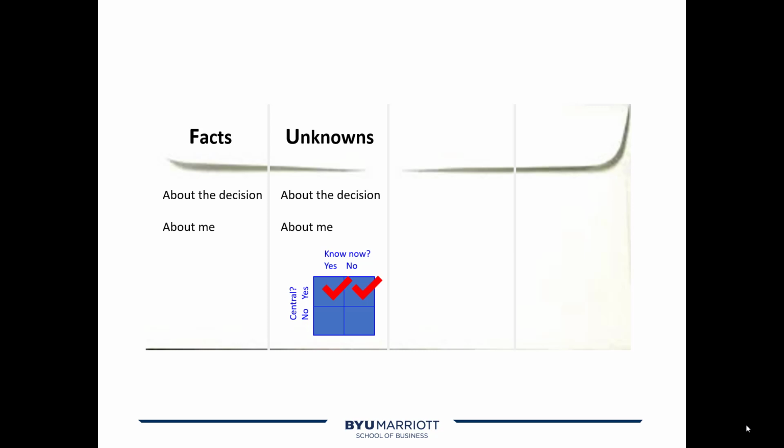But remember, it's as important or more important to deal with things that are central to your life, but that might not be critical. So for example, you might be moving across the country, or you might have a choice of different locations, one of which might be close to parents and one which might not be.